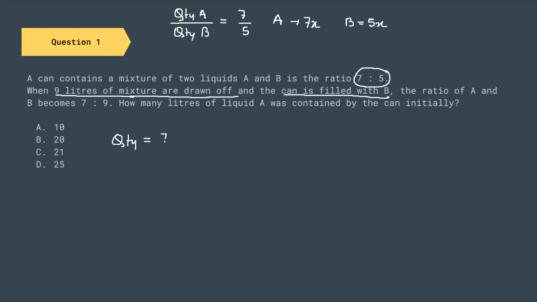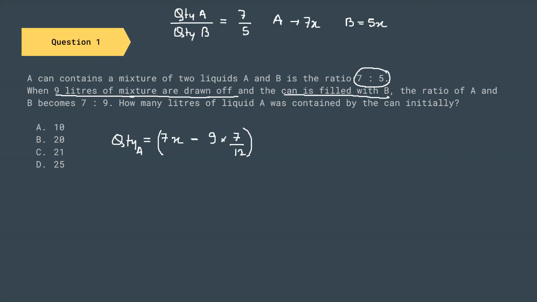Initially, the quantity of A was 7x, and out of this 7x quantity, 9 liters of the solution was drawn off. So 9 into 7 by 12 quantity of A was drawn off. Fine.